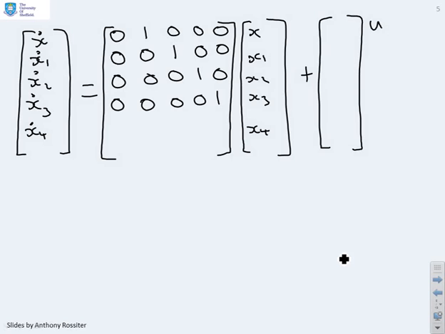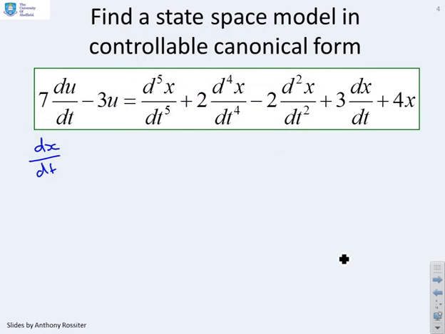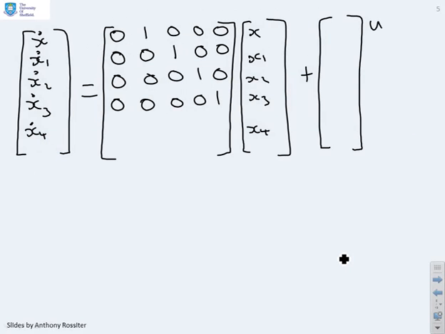So that's the top part, and then the next part was the bit that had all the coefficients in. So you remember that x4 dot had, let's just go back and see, so we can see it. Oh, we've lost it. So it's got coefficients of 2, minus 2, 3 and 4. So here we go. So we've got 2x4, and it becomes a minus because it's changed to the other side.